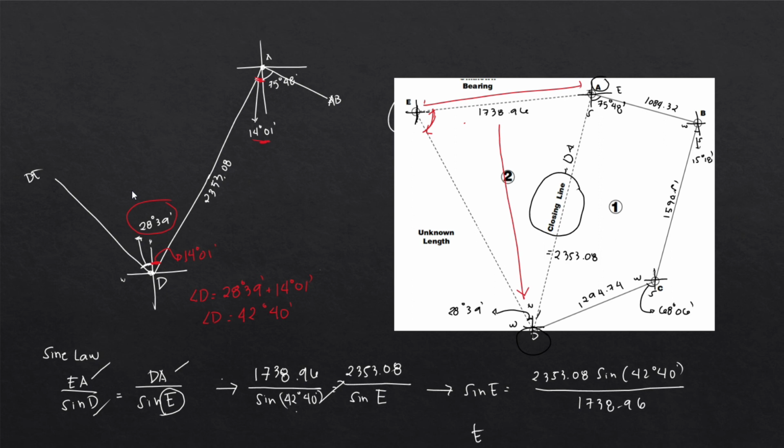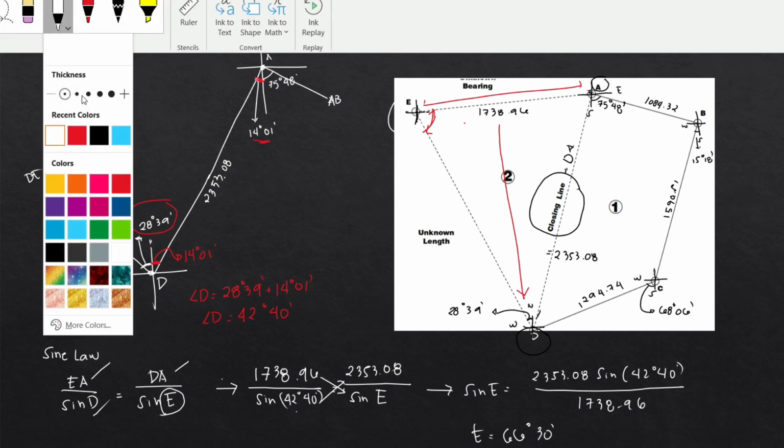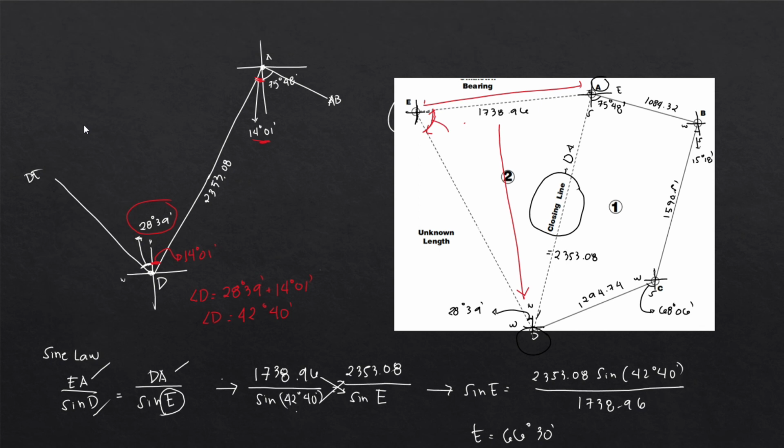Then, E ngayon, pwede na, is equal to, okay, ilan? Is equal to 66 degree 30 minutes. Okay, so nakuha na natin yung value na yan. Ito is equal to 66 degree 30 minutes. Okay.